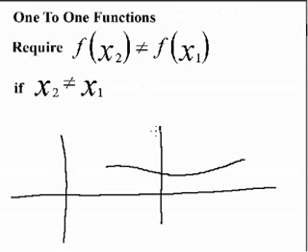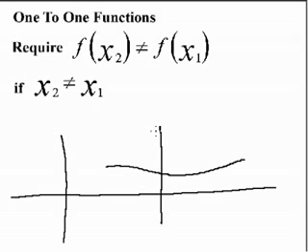Today's lecture is on inverse functions and their derivatives. In order to study inverse functions, it's important to be familiar with one-to-one functions. One-to-one functions require that if x2 and x1 are not equal, f of x2 cannot equal f of x1.